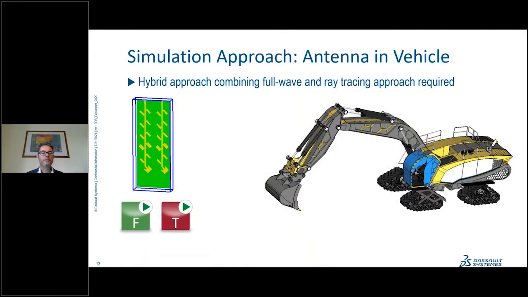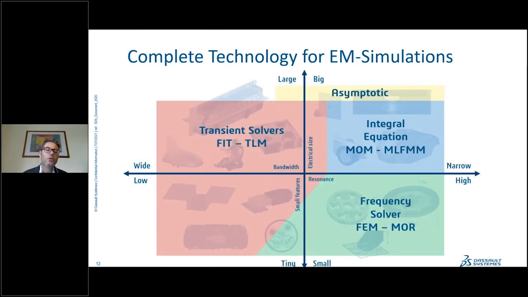So here we are great because in our solution, we have basically several methods we can use to simulate Maxwell equations. So we have a time domain solver method like a finite integration technique or a transmission line matrix method that will be used to simulate, I would say, a broadband application like ultra wideband antenna.